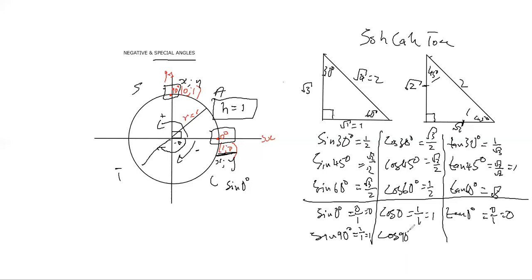Cos 90, on the other hand, adjacent is 0, that is the x value, hypotenuse is 1, so this is 0. And interestingly, tan 90, the opposite is y, which is 1, the adjacent is x, which is 0, and so this is undefined. So we can't figure that out.